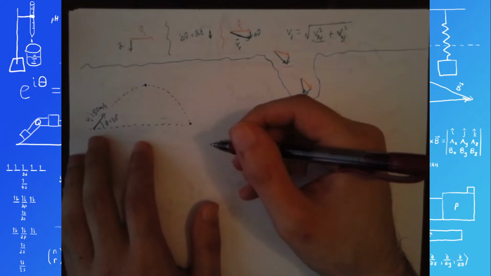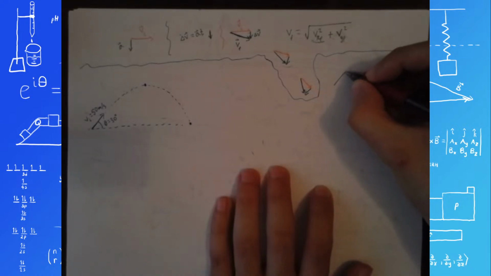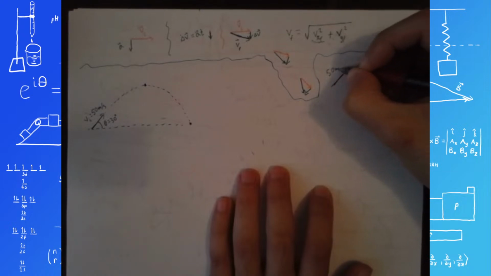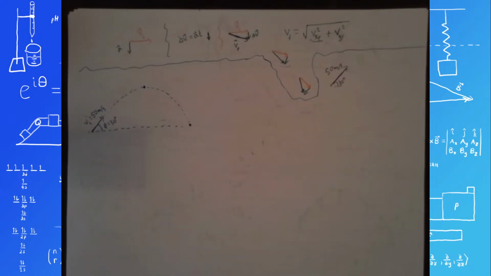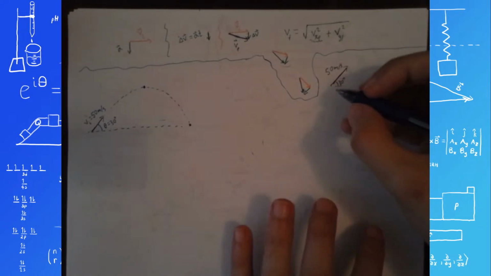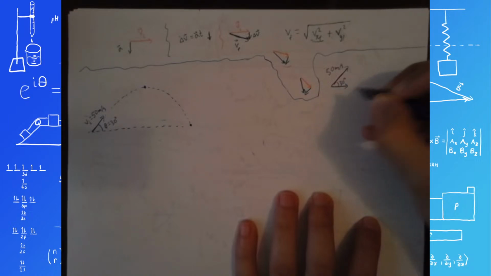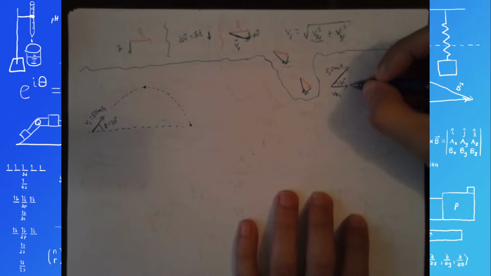So if I break up my V initial, which was 50 meters per second at an angle of 30 degrees, I can break this into a horizontal component and a vertical component. So the horizontal part is going to be this. I'm going to call it Vx initial, since it's the x component of the initial velocity.